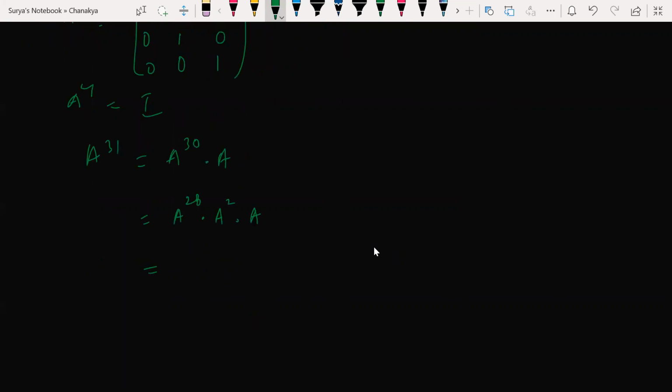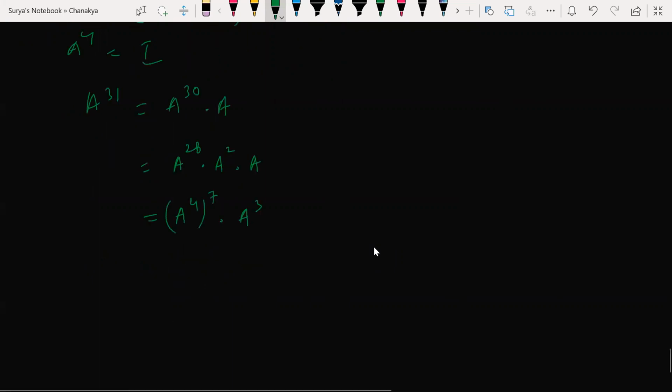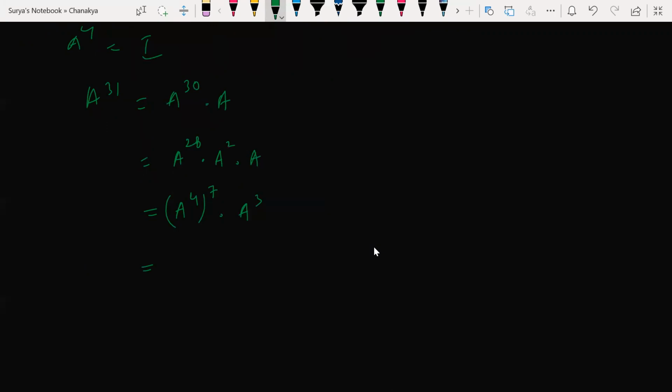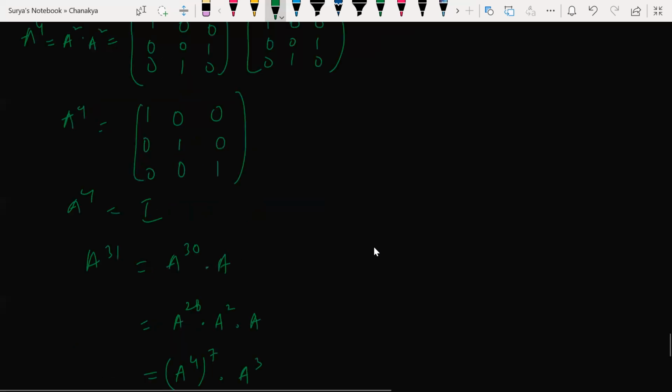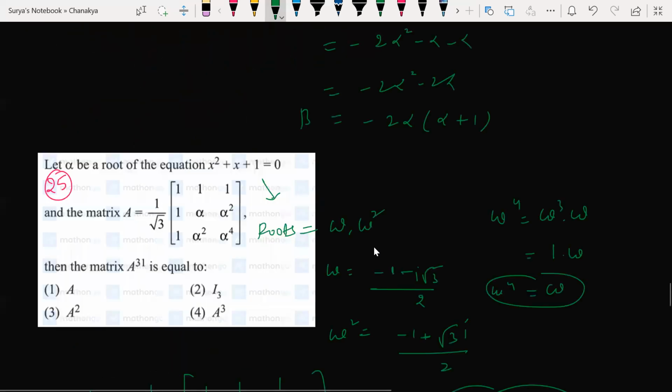A to the power of 28 can be written as A to the power of 4 to the power of 7 into A cube. Simple. A to the power of 4 I got I. I to the power of 7 is I only. I into A cube is still A cube. So A to the power of 31 is equal to A cube I got. Option A cube answer. D is correct.